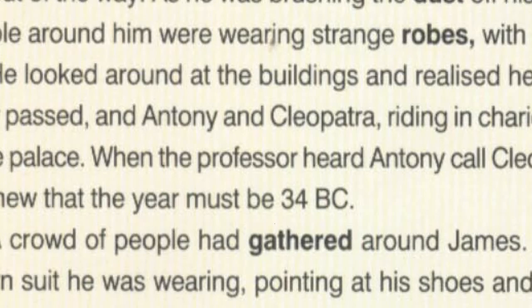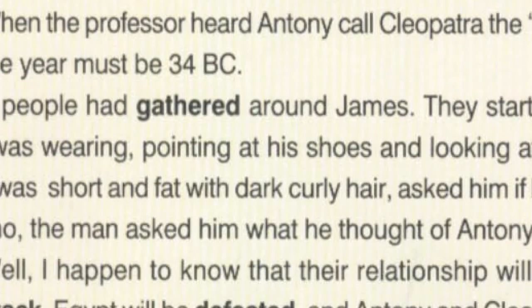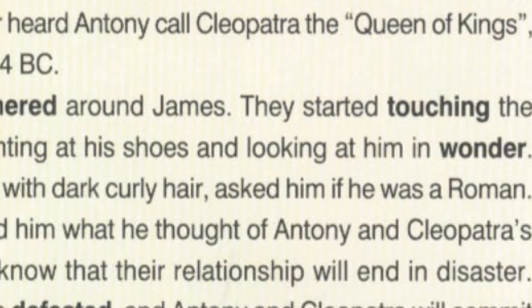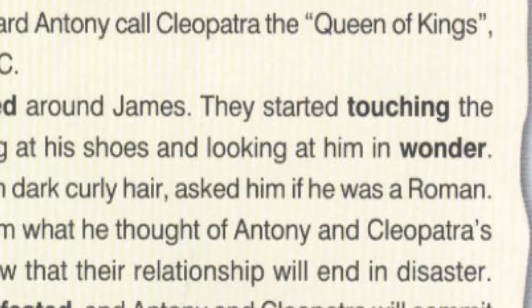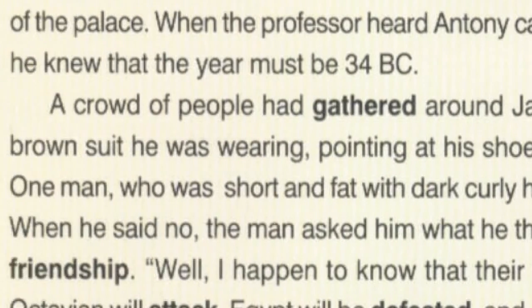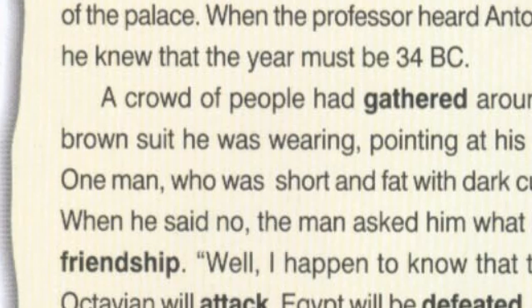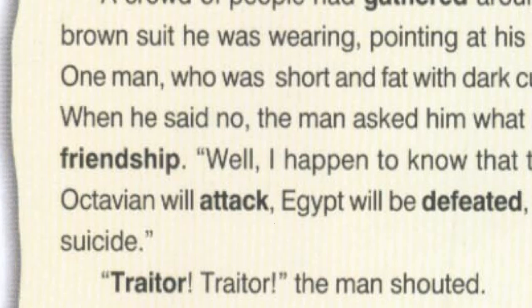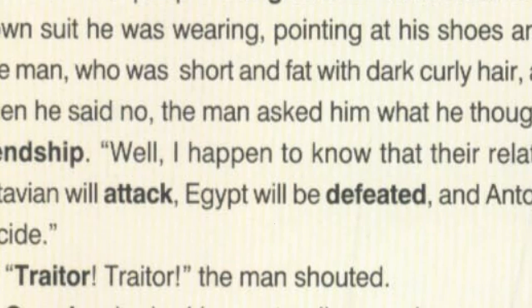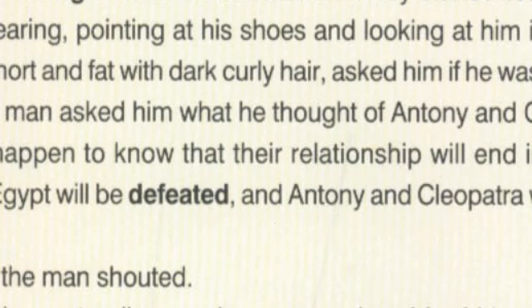What is gather? To come together. What is touching? Coming into light contact with something. And wonder means surprise, could be with a feeling of praise. What is the meaning of defeat?